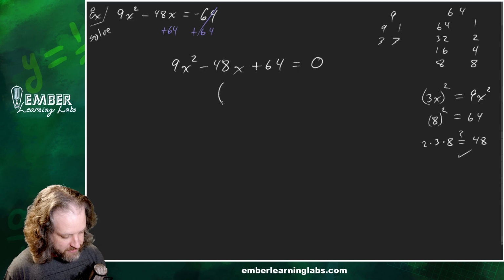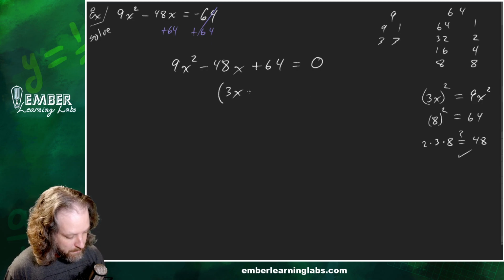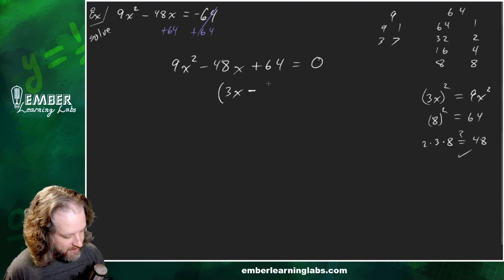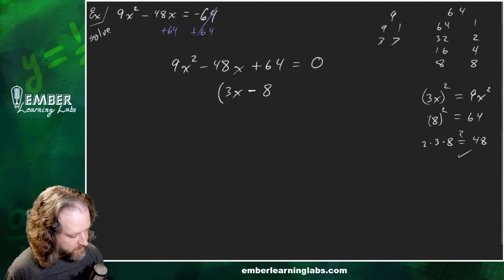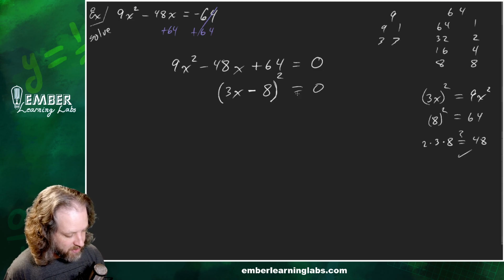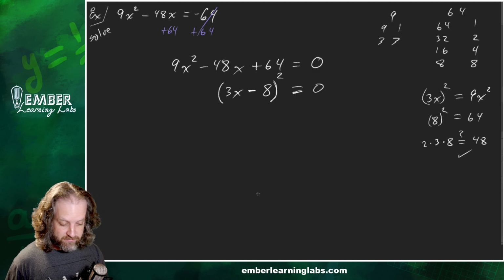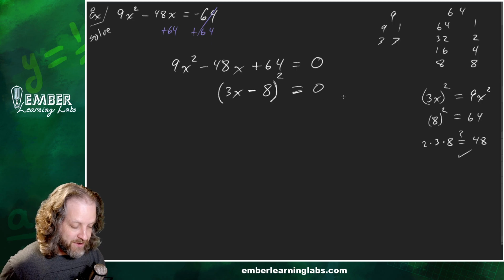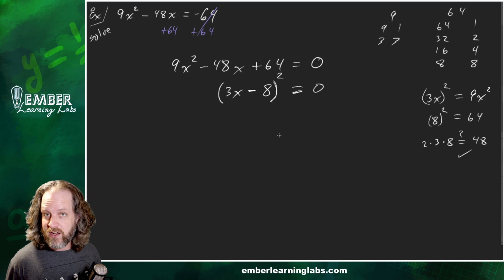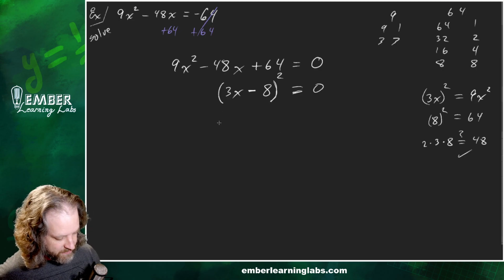We know that this is going to factor into 3x minus 8, squared, equals 0. We know it's minus because of this minus. I'm just picking these numbers inside the parentheses, just like we did before. So now we've got it completely factored, equals 0. We just say each factor equals 0. They happen to be the same, so we're actually going to only get one answer out of this quadratic.